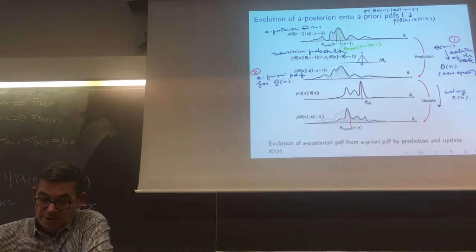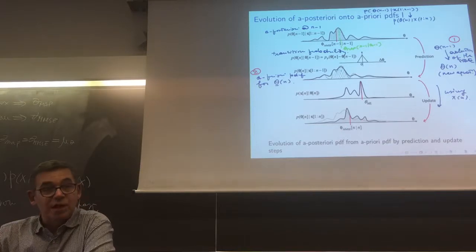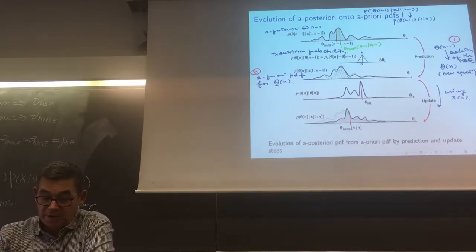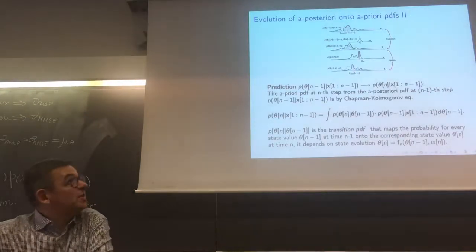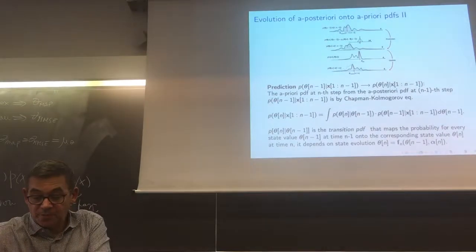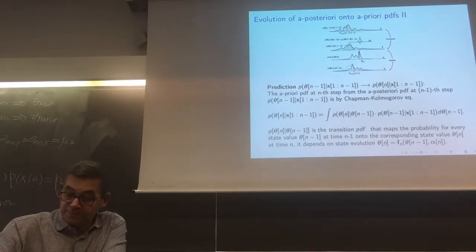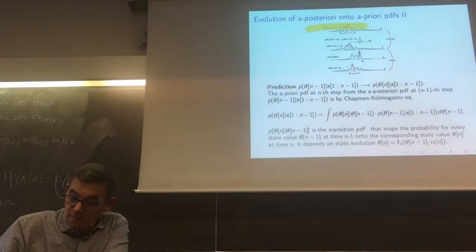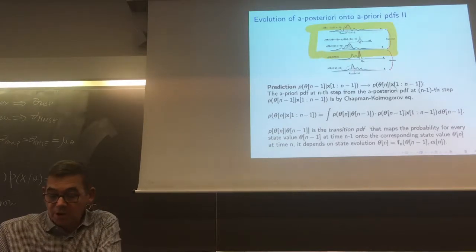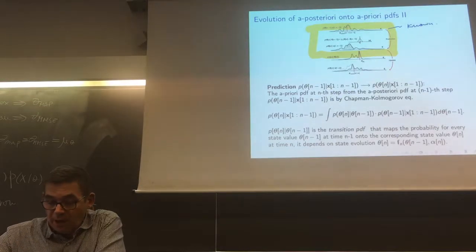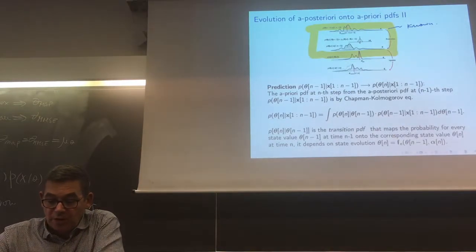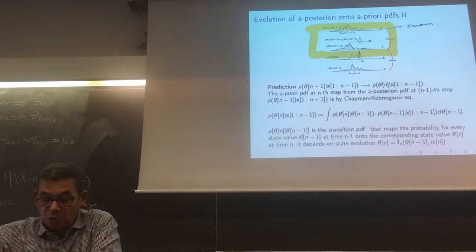Now, let's see how these two steps might be evolved. Let's see the analytical relationship. The prediction is the first one, which is this one. For the prediction, this one is known, and what we want is to predict.